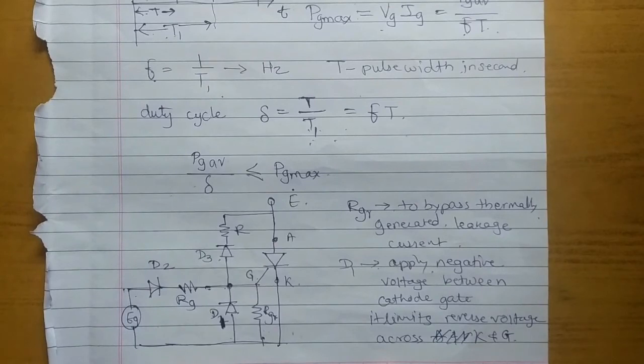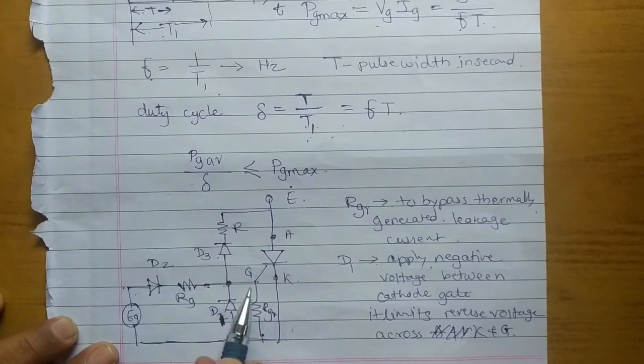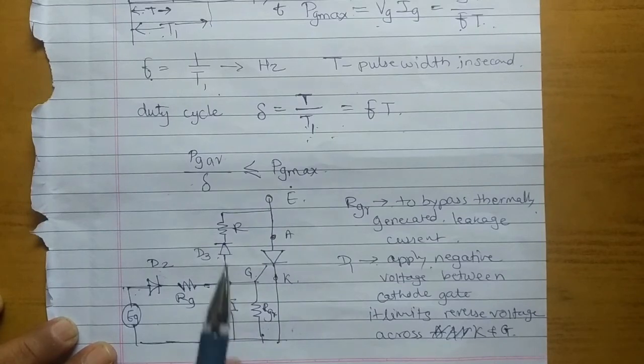Similarly, the diode D2 prevents negative source current. If negative current is there, this diode will prevent it. And the D3 will block the positive gate current coming from supply.